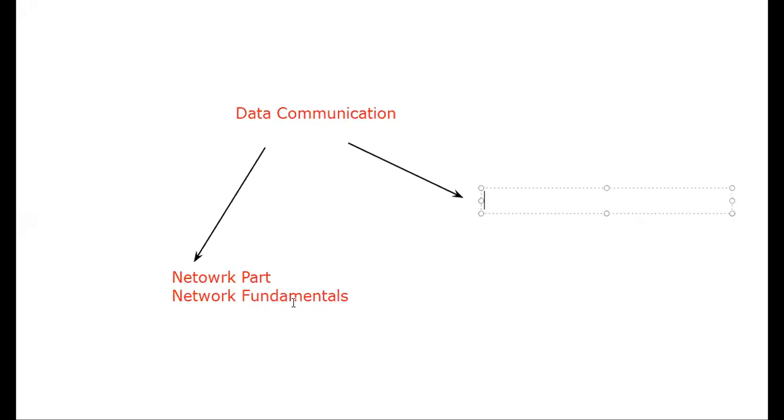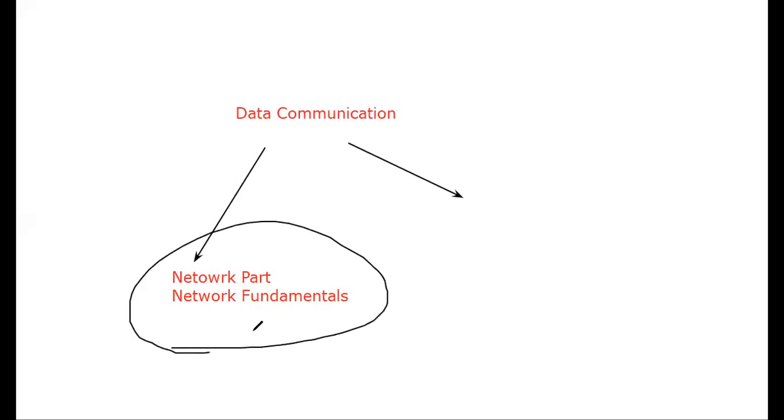This will take us till the midterm, okay? We'll be studying this network portion till midterm. When we are done with the midterm, then we will go to the next portion, that is the data communication portion.